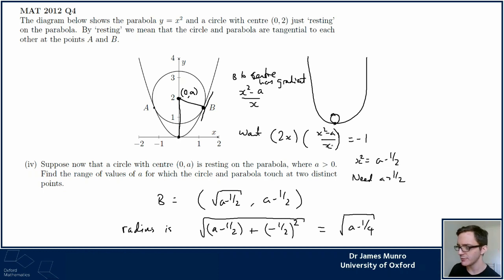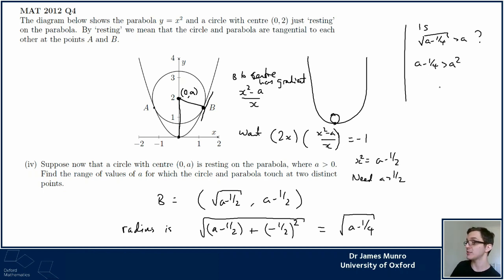A minus a half, I want to know, and my original idea, which I'm no longer so convinced by, was to check if root A minus a quarter is bigger than A, and I think A minus a quarter is bigger than A if this thing is bigger than A squared, so if 0 is bigger than A squared minus A plus a quarter, being a little bit sloppy with my square roots here.